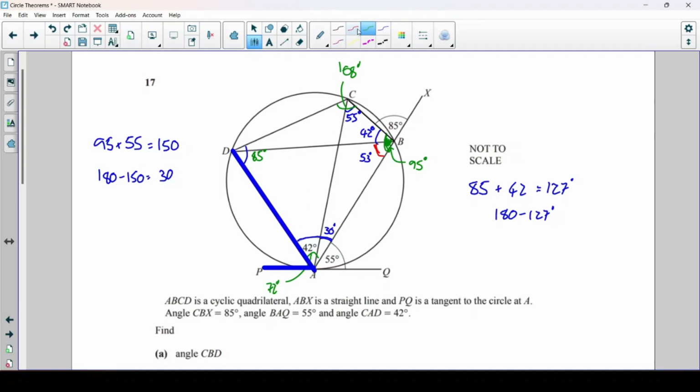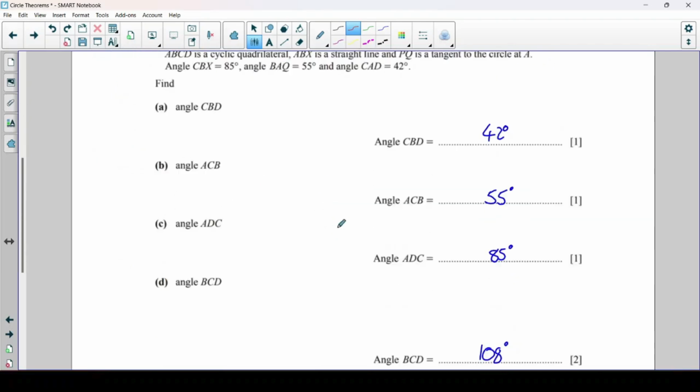So because this is a straight line, I've got 55 here, I've got 72 here, and they must add up to 180. So 55 plus 72 is 127. And I'm going to do 180 take away that is 53. So PAD is 53 degrees.